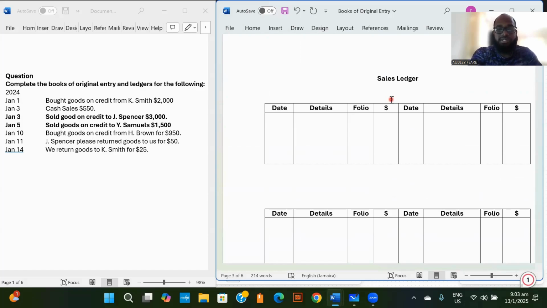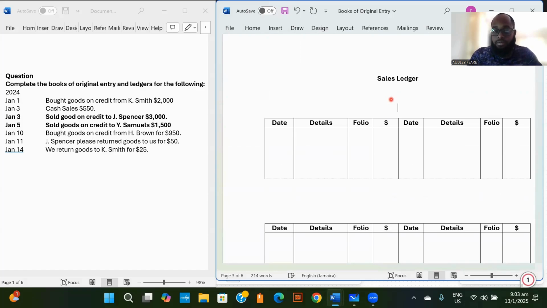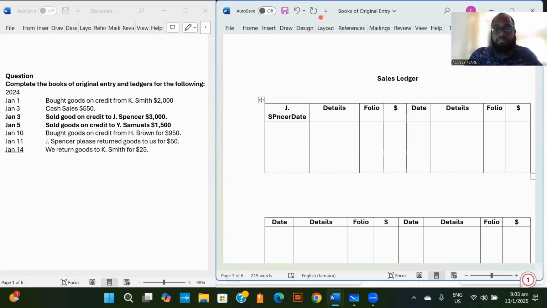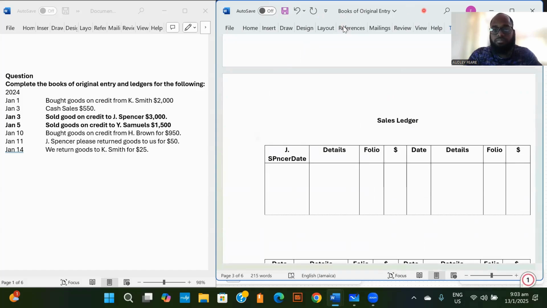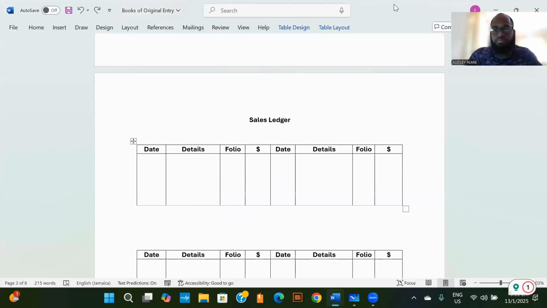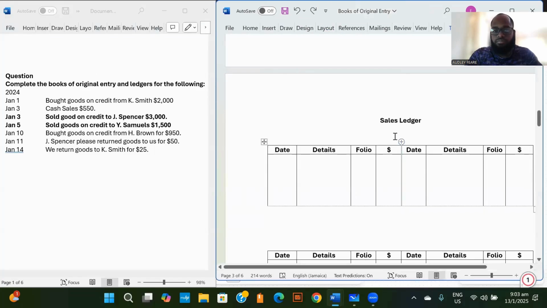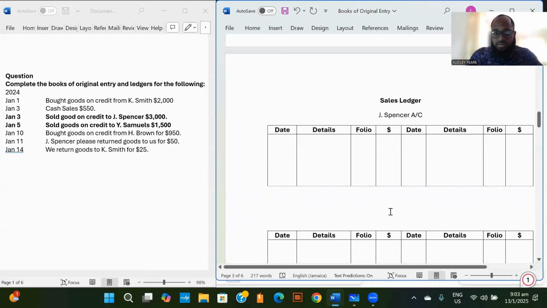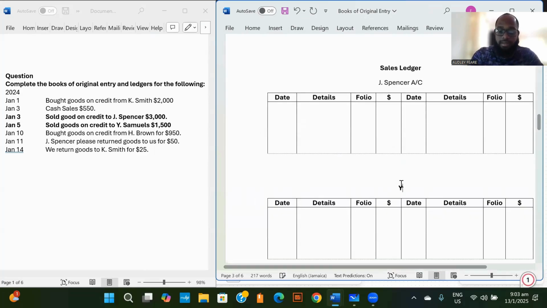So our two debtors would be the J. Spencer account, and the other would be Y. Samuels.